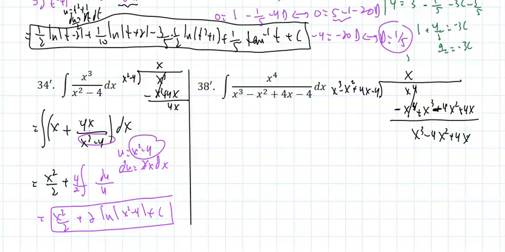Let me just see what went wrong. Okay. And that would be x minus, now this will be x cubed minus 4x squared plus 4x divided by, if I take x squared out, that's x.